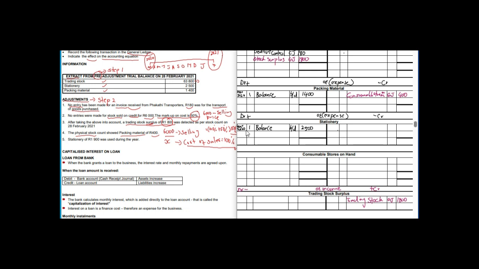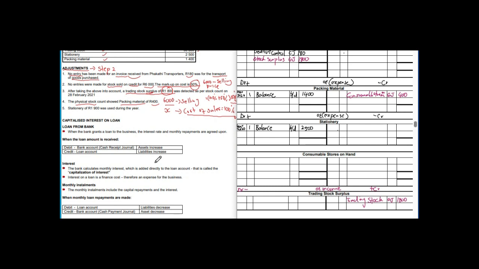And then we continue with our transactions. Number 5, stationery of 1,900 was used during the year. This transaction tells us that stationery of 1,900 was used, and anything that we used during the year will be referred to as expenses. So in this case, stationery of 1,900 was used, and as per the information that we have, this 1,900 will be an expenditure whenever we draw up a financial statement at the end of our financial year.